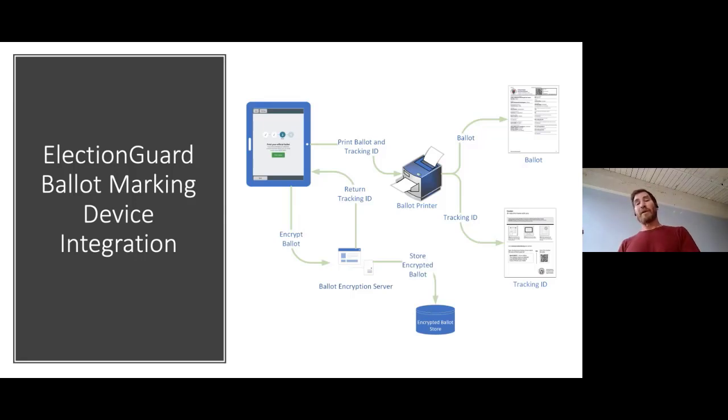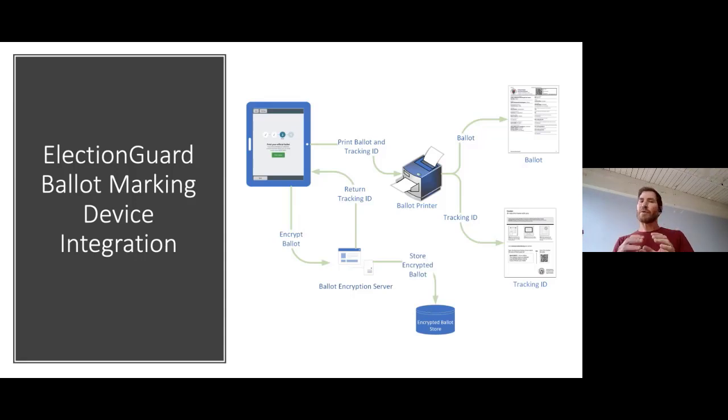So when that ballot is submitted to the ElectionGuard server, it will encrypt the ballot using that public key generated by the key ceremony, and in return, produce a verification code. That's an important element because that code is what the voter is going to use, when the results are published, to check that the ballot they just submitted was included in the public tally released later.